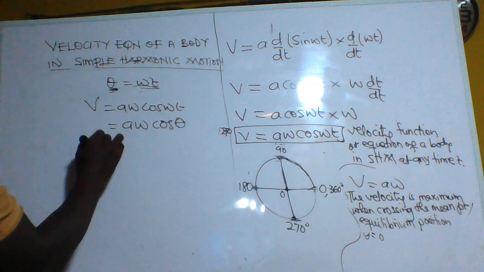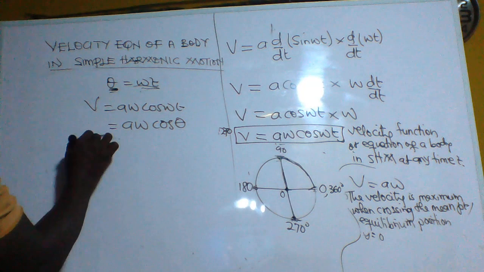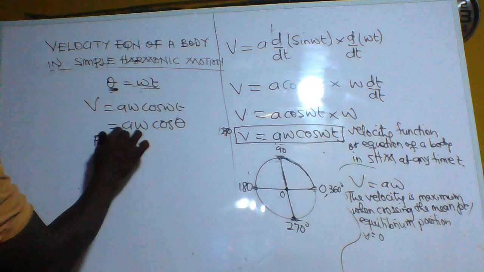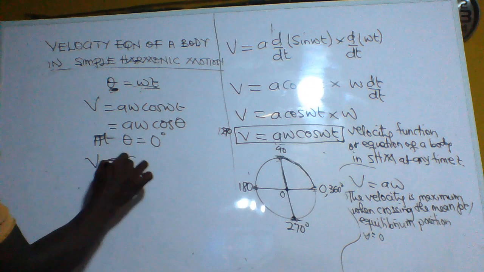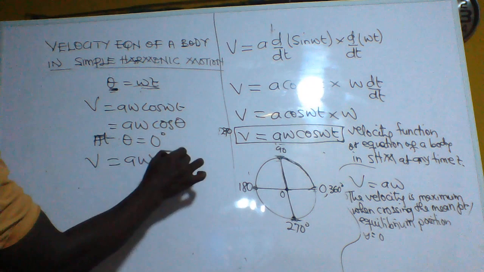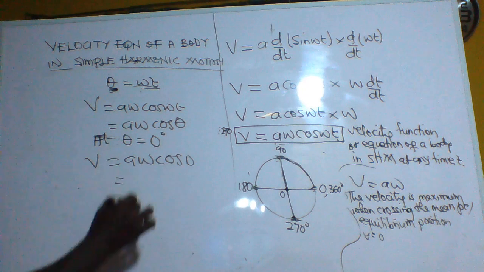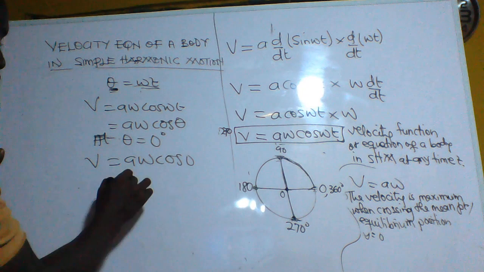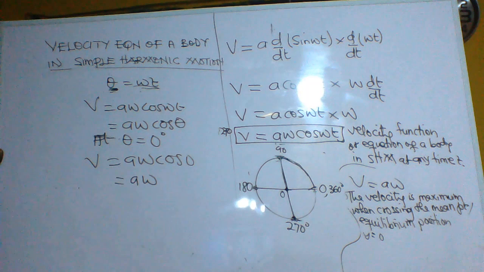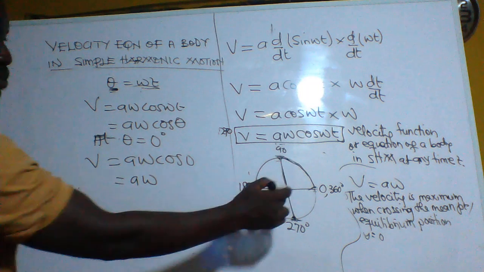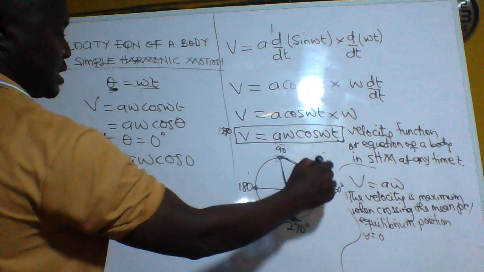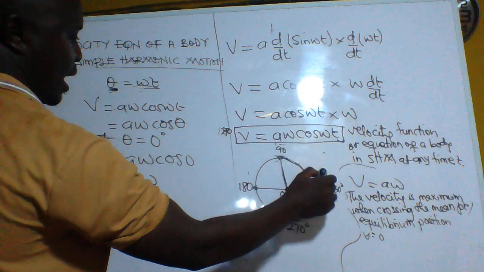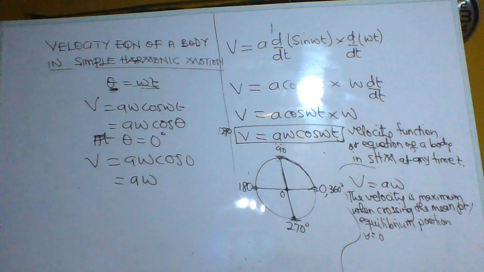So at theta is equal to 0 degrees, you have v is equal to a omega cos of 0, and cos 0 is equal to 1. So you have a omega. Maximum velocity occurs when the particle is crossing the mean position, where the displacement y is equal to 0.